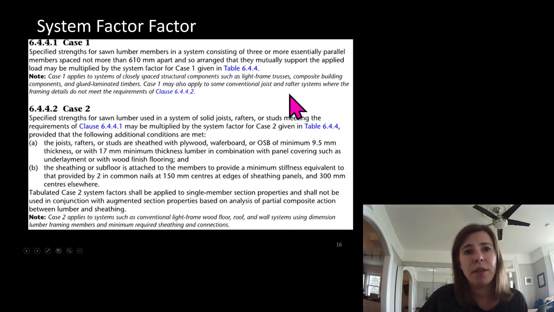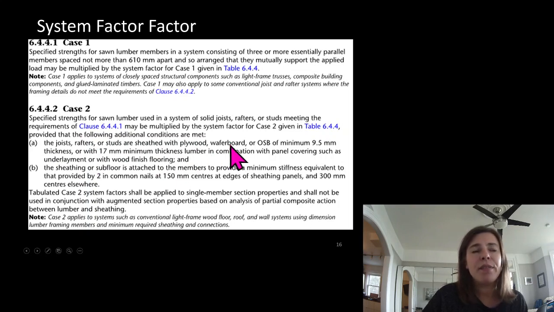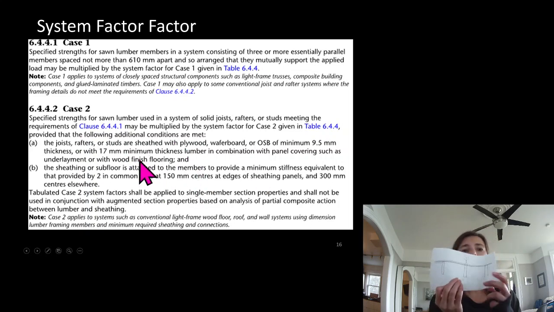Here's the explanation of what a system is. So a case 2, specified strength for sawn lumber used in a system of joists, rafters, studs, meeting this clause here, which said that they were less than 24 inches apart, which 16 inches is, and it's got decking of some sort on it, and it's connected in some way, and I'm going to tell you that these are all pretty standard ways of building this.